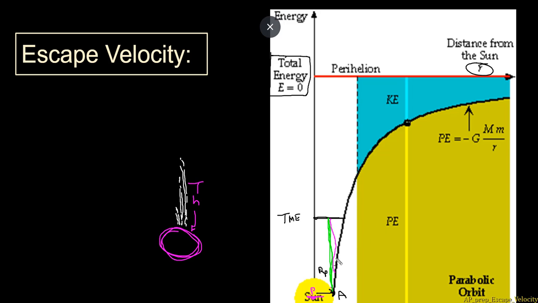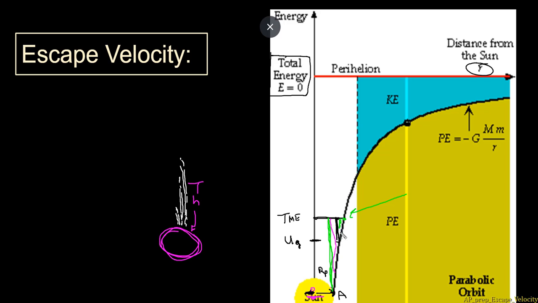And then you keep going, and your stored energy is less negative, right? You used to be way in the hole here, so you have more stored energy, and your kinetic energy is going down.